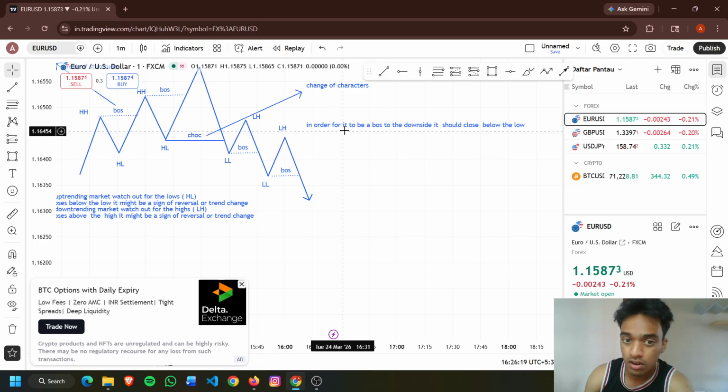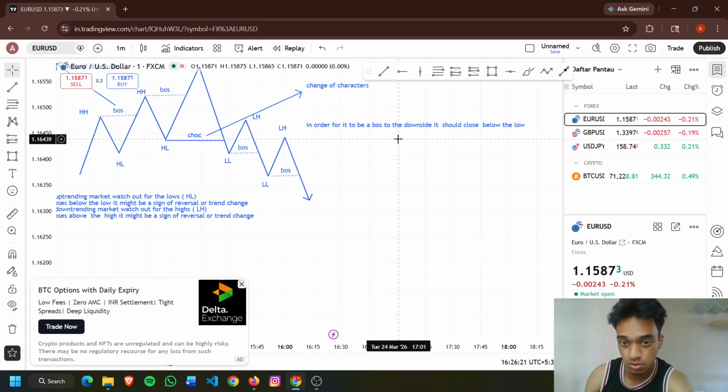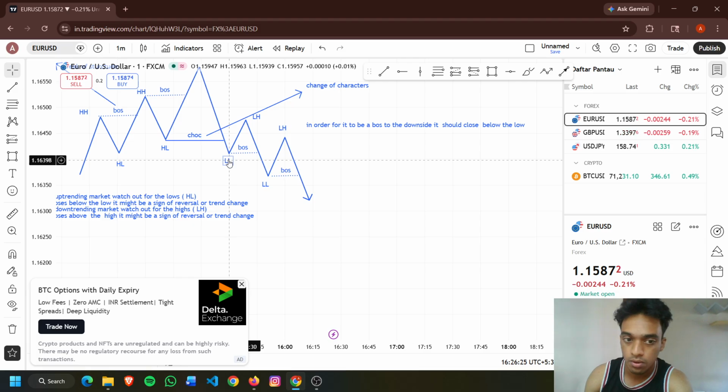In order for it to be a break of structure to the downside, it should close below the low. So in a downtrending market, you only focus on the lows. In an uptrending market, you only focus on the highs for it to be a break of structure.